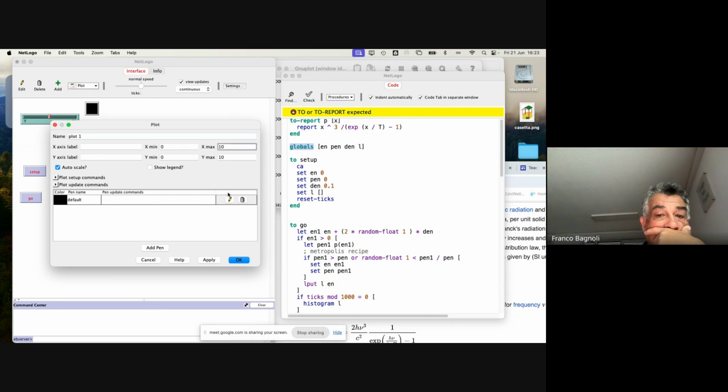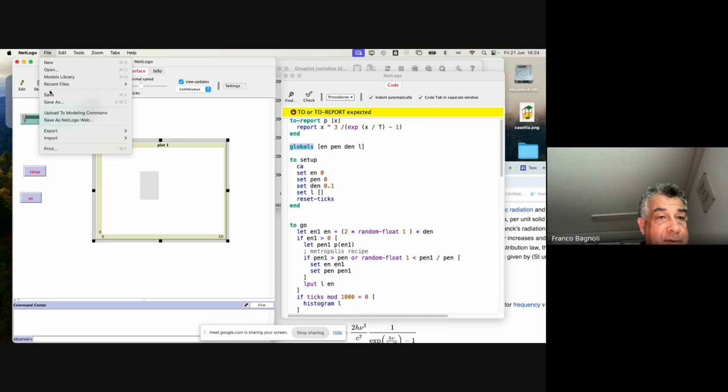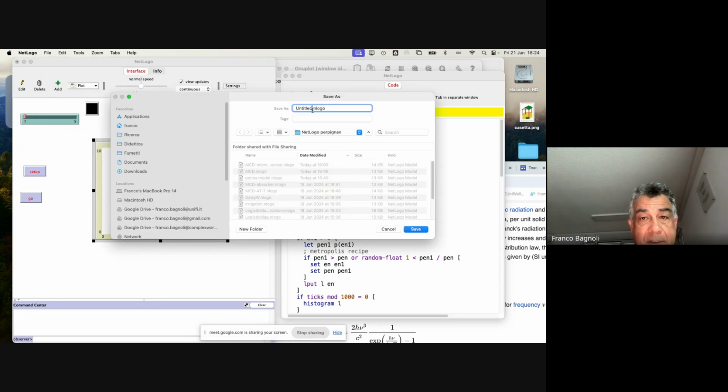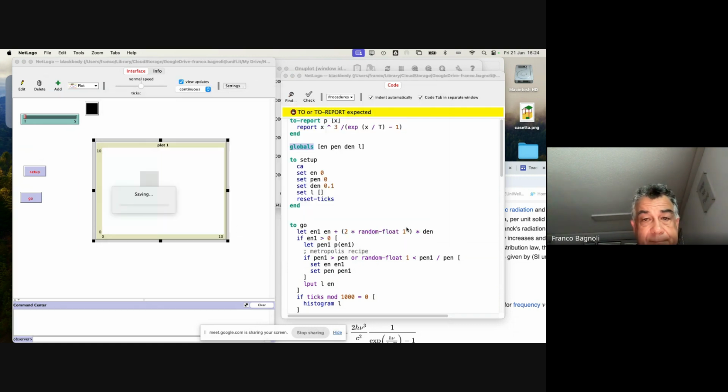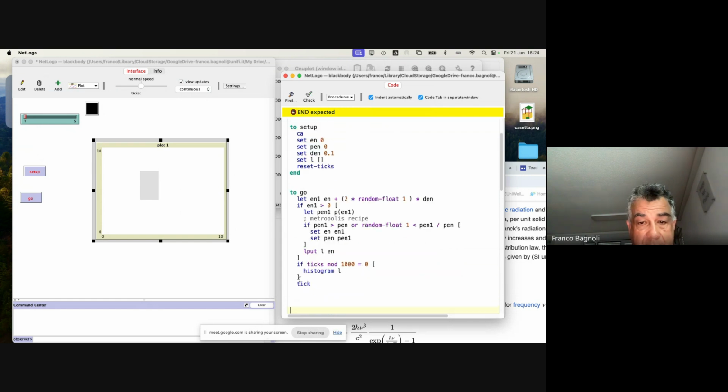X max, okay, let's try with say some small value of temperature. Maybe we can just save it before. Save black body. Oh, something. Globals should be before probably. Okay, clear this.